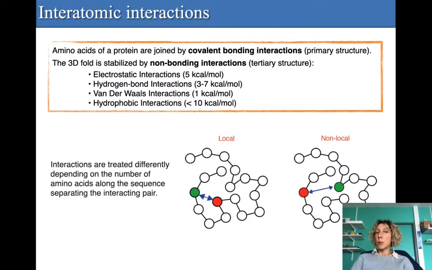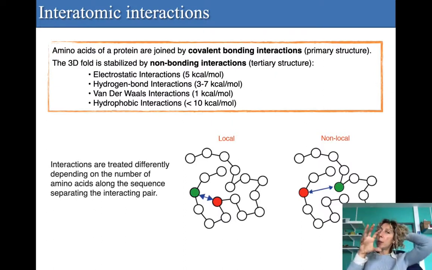So amino acids of a protein are joined by covalent bonding interactions. We saw this. This is the primary structure, and the 3D fold is stabilized by non-bonding interactions. So these are electrostatic interactions, hydrogen bond interactions, van der Waals, hydrophobic interactions.